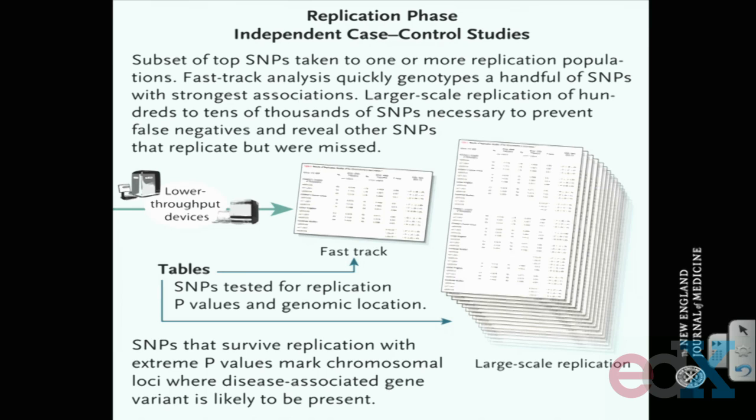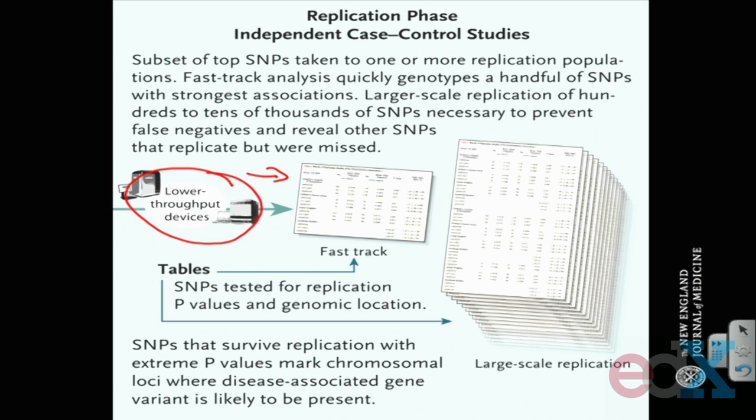And so what that leads us to is tables. So we use our lower throughput devices. We've got statistical tables and summaries of the data. Now we're not looking at hundreds of thousands, so we can usually assess these in more conventional tabular form.